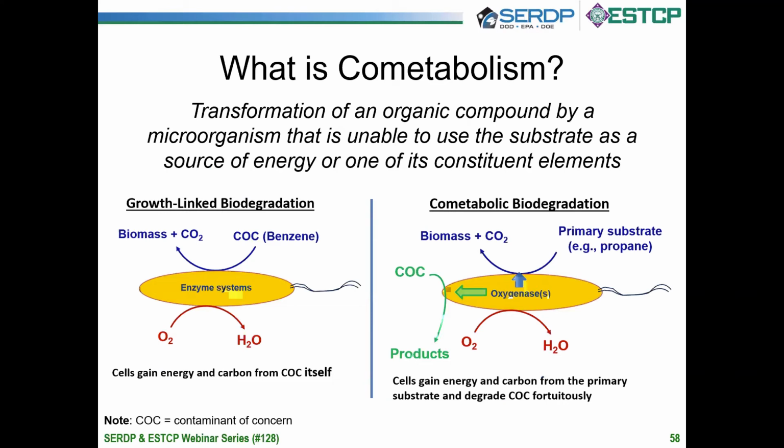So just a little brief background on co-metabolism. So Shelly spoke about the CB1190, and that is, if you look at the cartoon on the left, basically a growth-linked biodegradation process for dioxane. Here we show benzene, where these cells, these bacteria, gain energy and carbon from the contaminant itself.